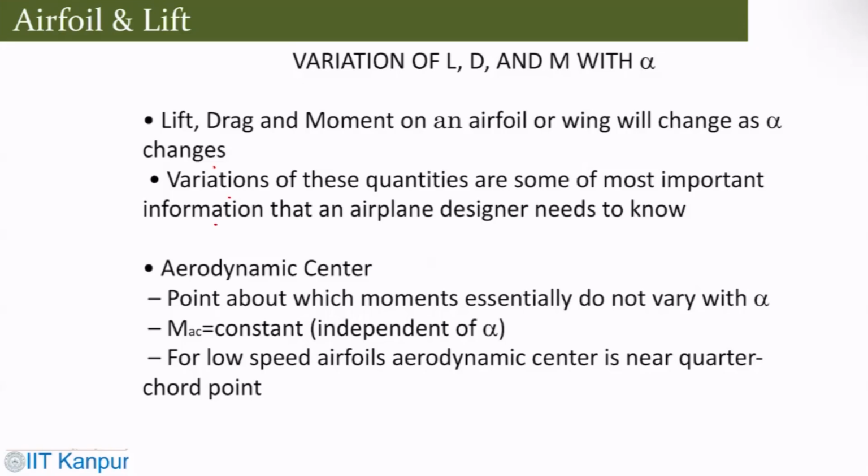One is the aerodynamic center, the point about which the moment essentially does not vary with alpha. That is called MAC, constant and independent of alpha. For low-speed airfoils the aerodynamic center is nearly the quarter chord, so it is nearly c/4, but yes, it also depends on the airfoil.